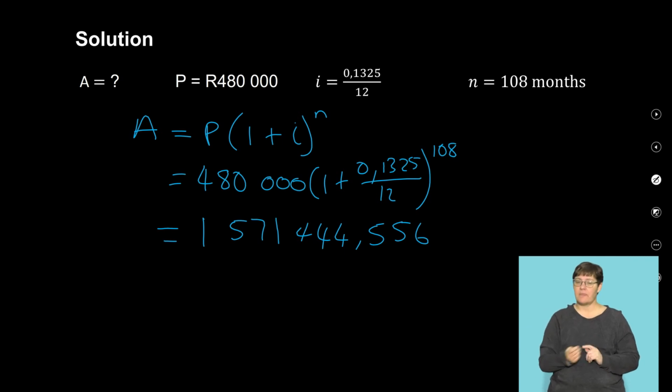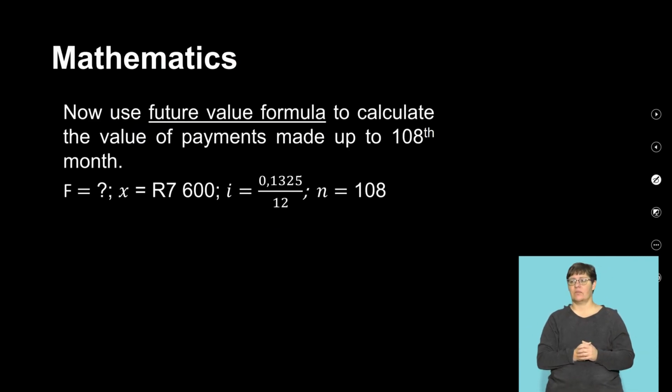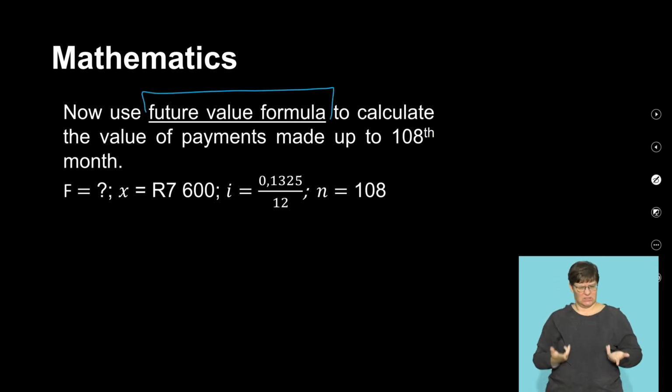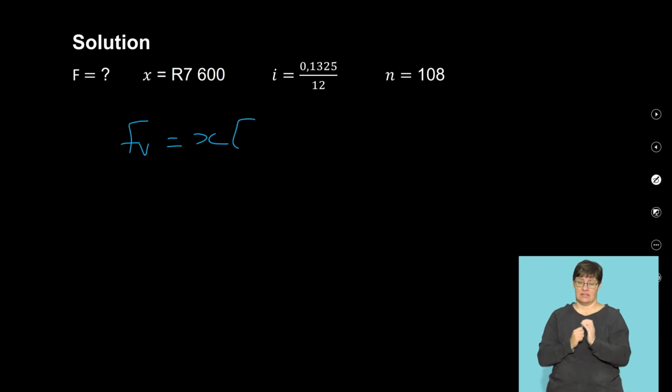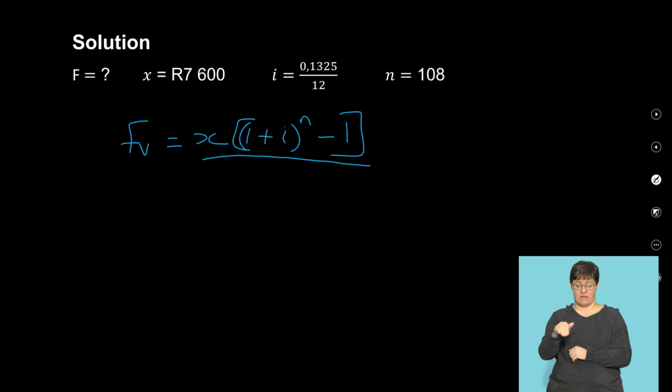And then I go to what? Now the next part will be to use the future value formula to calculate the payments that I have made for 108 months. To do that, I will then say FV is equals to x into 1 plus i to the exponent of n minus 1, all divided by i. Now, just to clarify, guys, I know someone might ask, why are we having future value in present value?